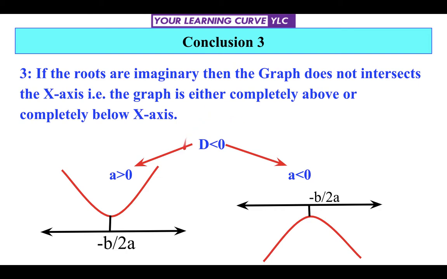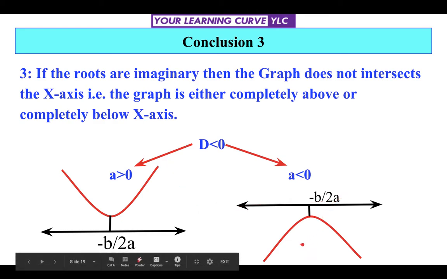Means if D is less than 0, the parabola is either totally above the x-axis or totally below the x-axis. So if a is positive and D is negative, the parabola is totally above the x-axis. If D is negative and a is negative, the parabola is totally below the x-axis.